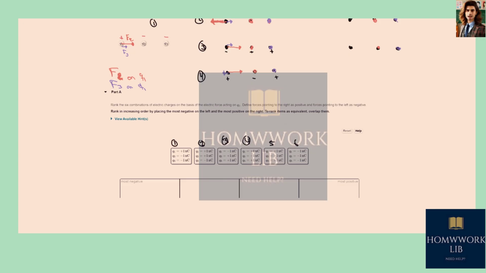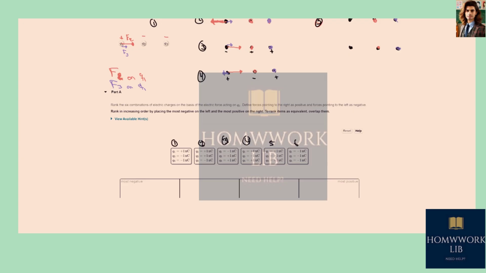Notice that all of the purple arrows and all of the red arrows are going to have the same magnitude. Next up, we're going to have condition 5. On 5, all of the charges are going to be positive.